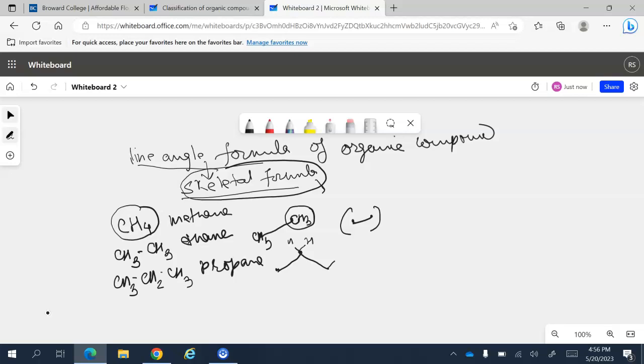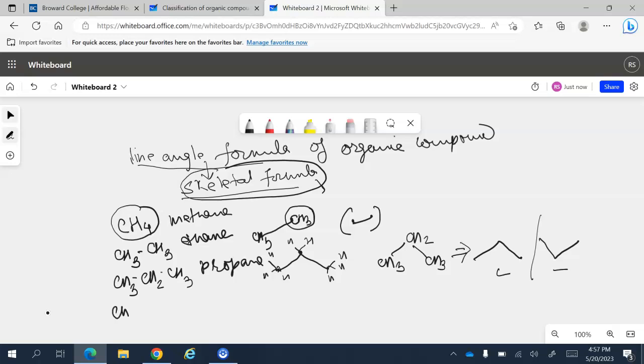Likewise, this other carbon has three hydrogens, and this carbon has three hydrogens. So basically this is CH3, CH2, CH3. In the line angle formula we represent it like this, or you can also represent it like this. These are actually conformations, so you can draw it either way.